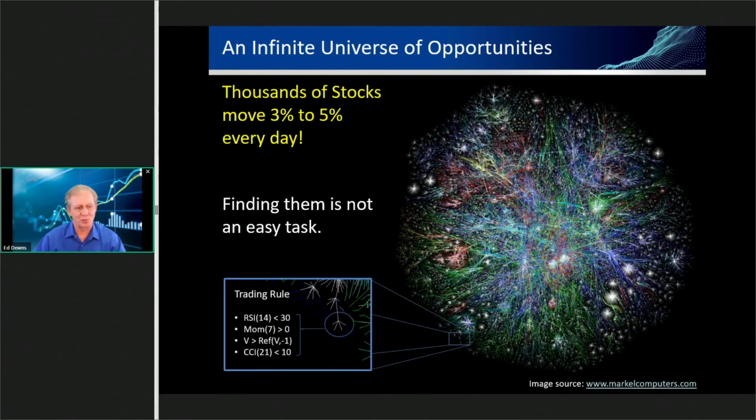You can see there in the lower left corner, in that universe of opportunities, I've got a trading rule that says RSI 14 less than 30, momentum of 7 periods greater than 0, the volume is greater than yesterday's volume, and CCI 21 less than 10. So that's a trading rule. And there is literally a truly infinite number of different trading rules out there. So what we use the AI for is to find them. And we don't really even care what they are, what it finds.